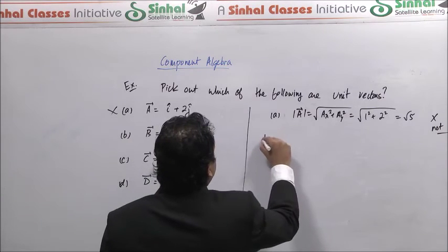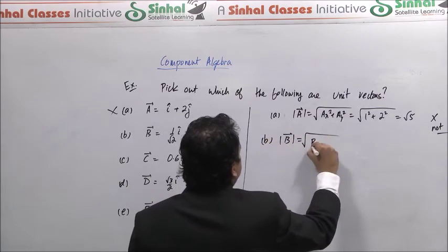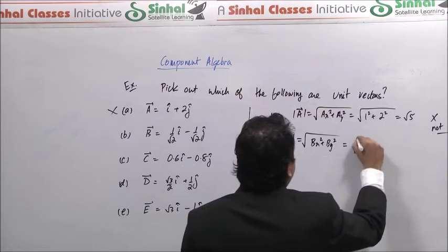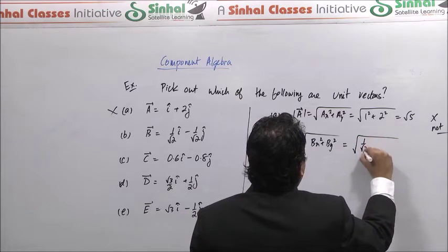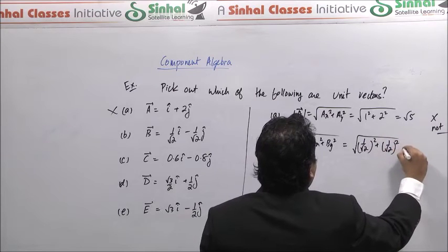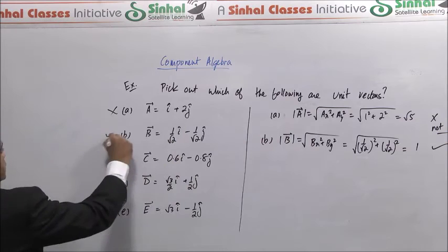Similarly, let's look at the vector B. Its magnitude works out to be 1. So it is unity, and B is a unit vector.